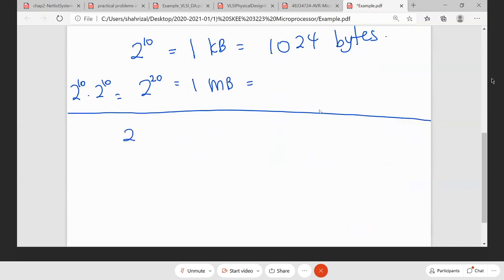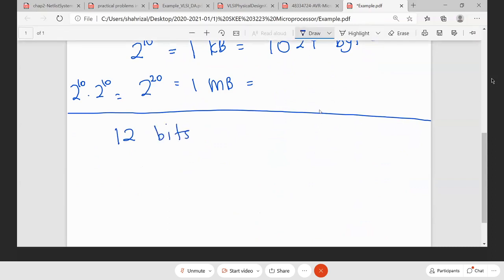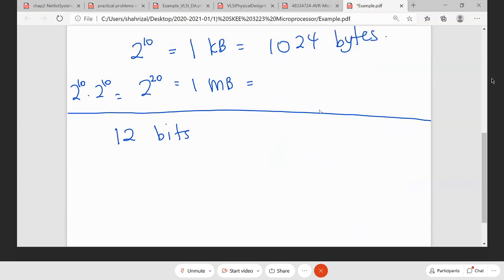The question is, since we know that this memory is 12 bits, because we usually do not say memory in terms of bits, we always say it in terms of bytes, correct? Just like what your friend just said, it has a standard. But do you know the standard? So what is it in bytes if it is 12 bits of memory?